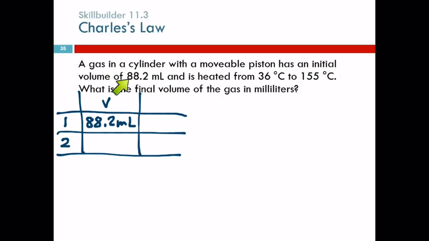It has an initial volume of this, and it's heated from 36 to 155. So it's 88.2 milliliters at 36 degrees Celsius, and then we're going to heat it up, and we need to know what the volume is at the final temperature. So it starts out at 36 degrees Celsius, ends up at 155.